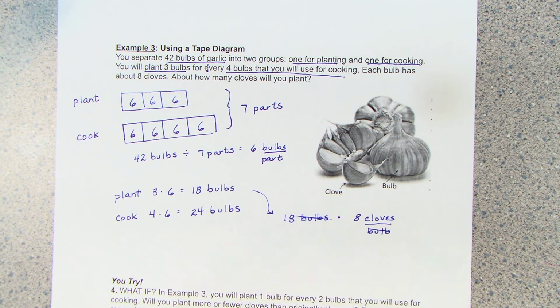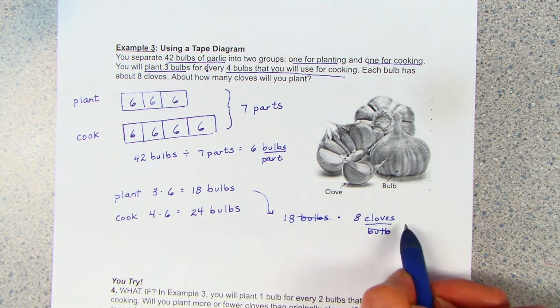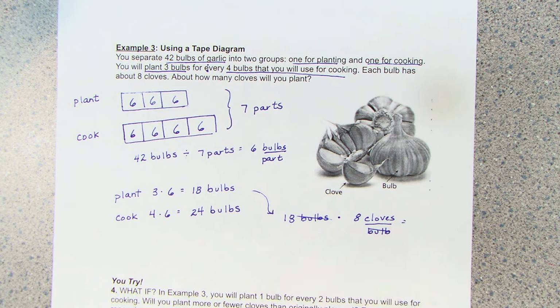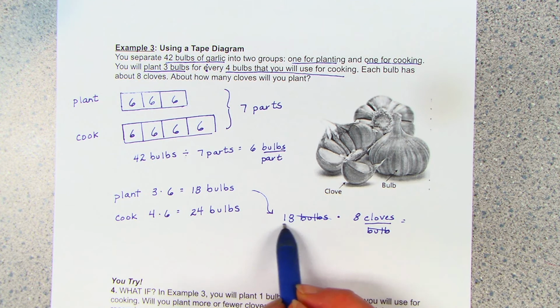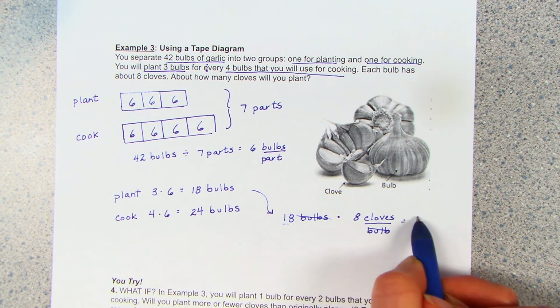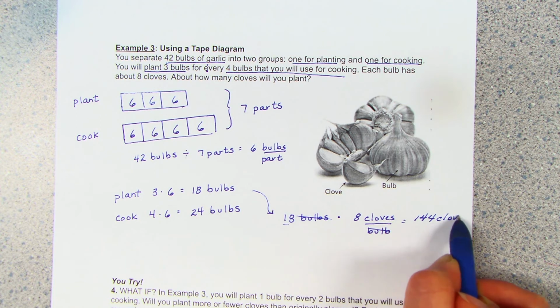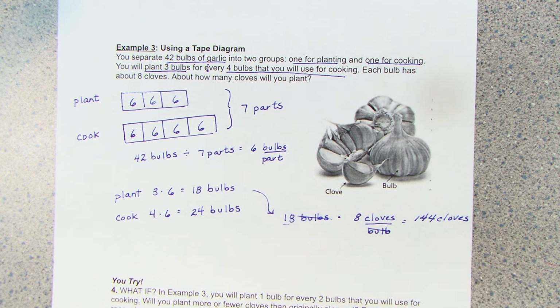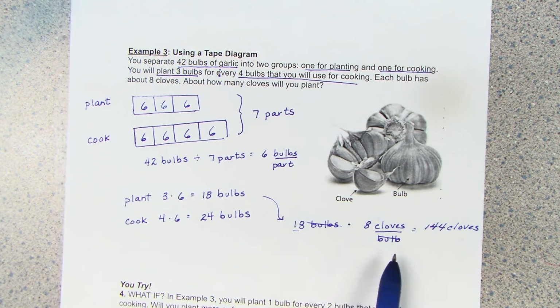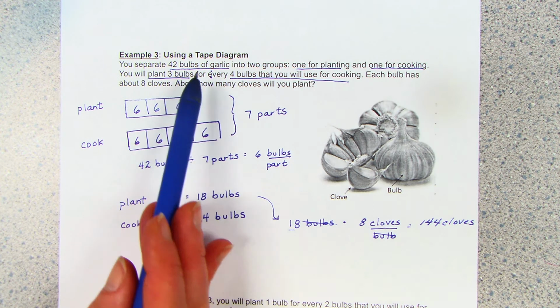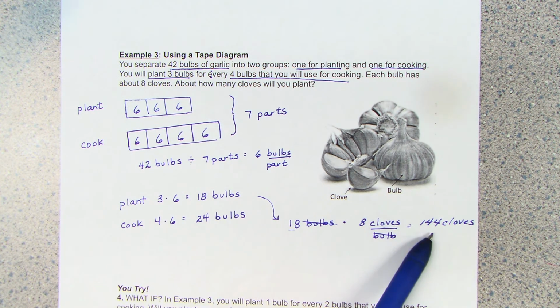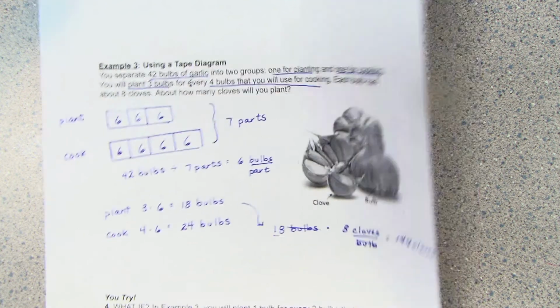It is a good thing to know that you can cancel units as well as canceling numbers. And now I can use my calculator and multiply 18 times 8, and that is 144 cloves. Wow, I'm going to plant 144 cloves of garlic. And then next year, instead of having 42 bulbs of garlic, hopefully I'll have 144. And I'll have enough to use and maybe even to share with my friends.